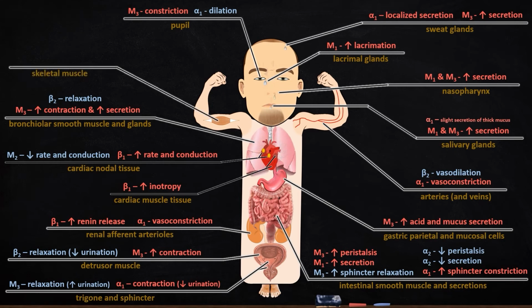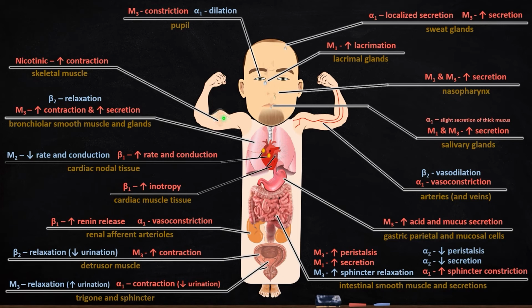Next, we have the skeletal muscle. The only reason I'm talking about skeletal muscle is that I wanted to point out that this is not the autonomic nervous system. This is actually the somatic nervous system. It is controlled by nicotinic receptors, which, when activated, promote skeletal muscle contraction.